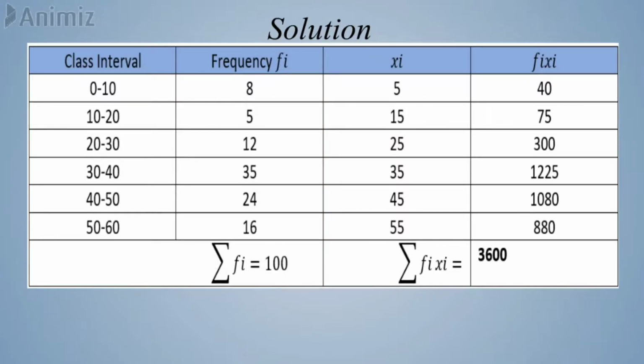After calculating the class mark, you have to multiply fi and xi, that means the numbers of the second column with the numbers of the third column. So 8 into 5 gives you 40, 5 into 15 is 75, and 12 into 25 gives you 300.